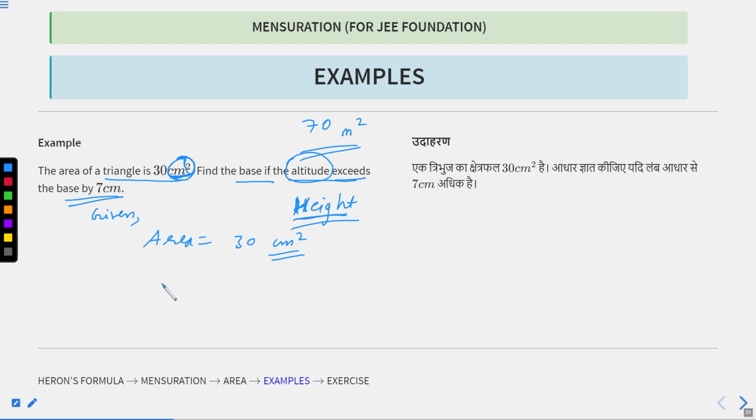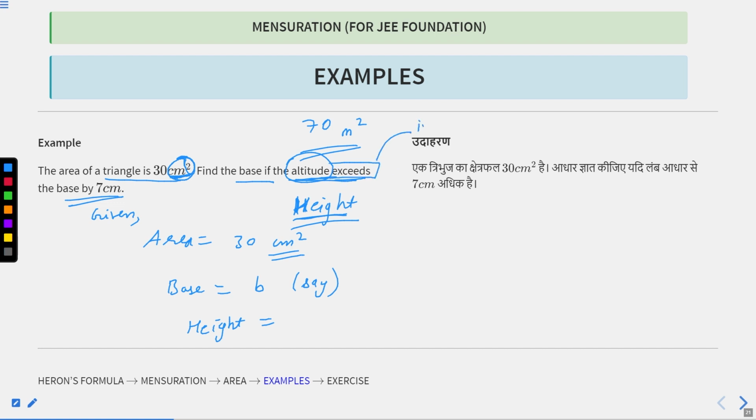Now if you read carefully, we have to find the base. I am assuming some variable for the base, so say the base is b. Now we know the height, or the altitude, exceeds the base. What do we mean by this word?